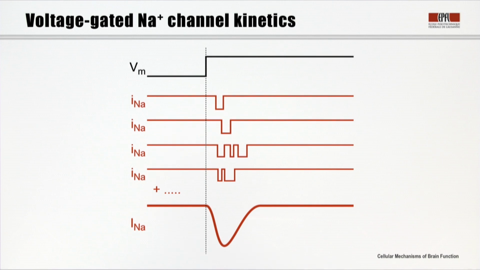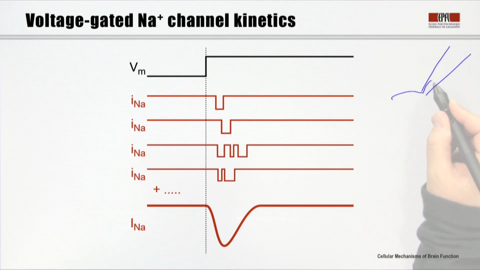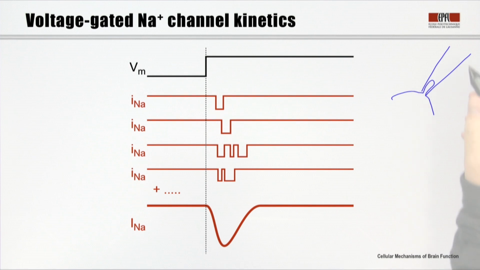For the voltage-gated sodium conductance, we can imagine a situation where we have a patch clamp electrode sitting on a piece of membrane. We suck the bit of membrane into the patch electrode, and in this patch would be voltage-gated sodium channels.